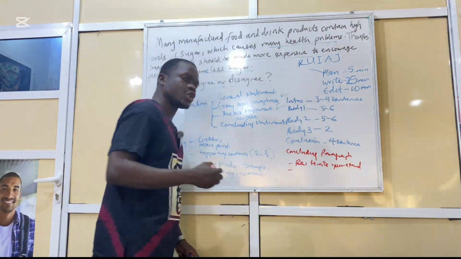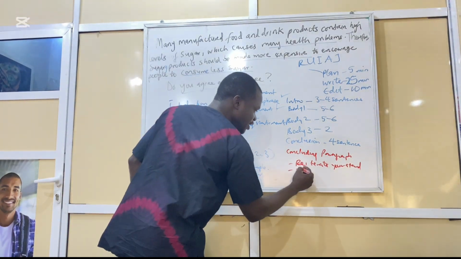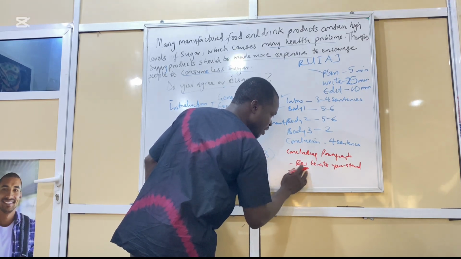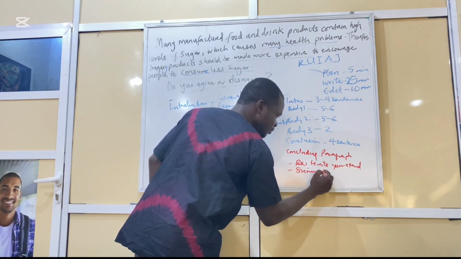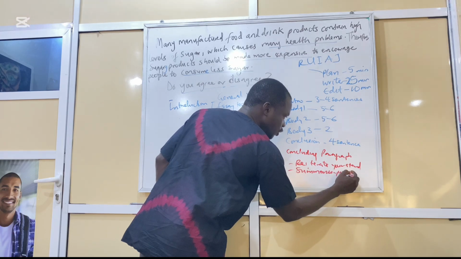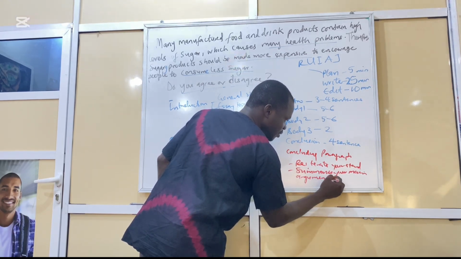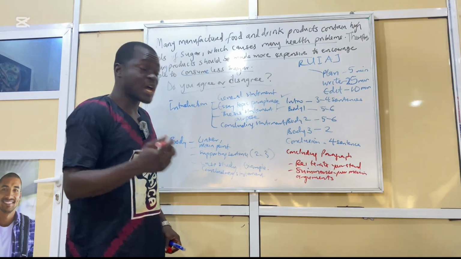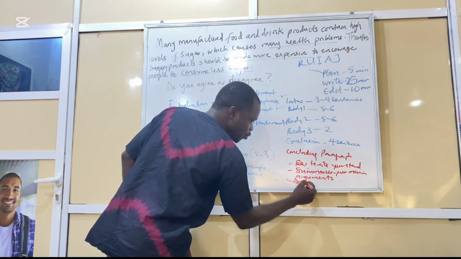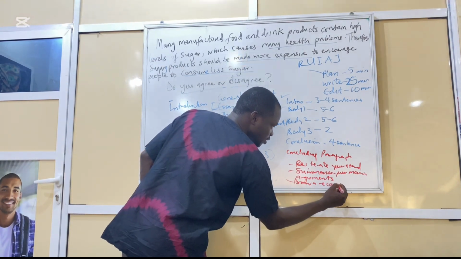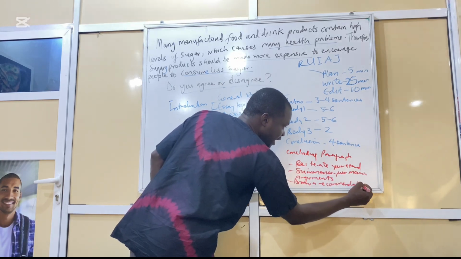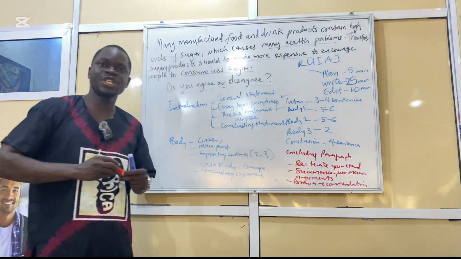Then you want to summarize your main argument. Then if you can, draw a recommendation, a caveat on this recommendation.